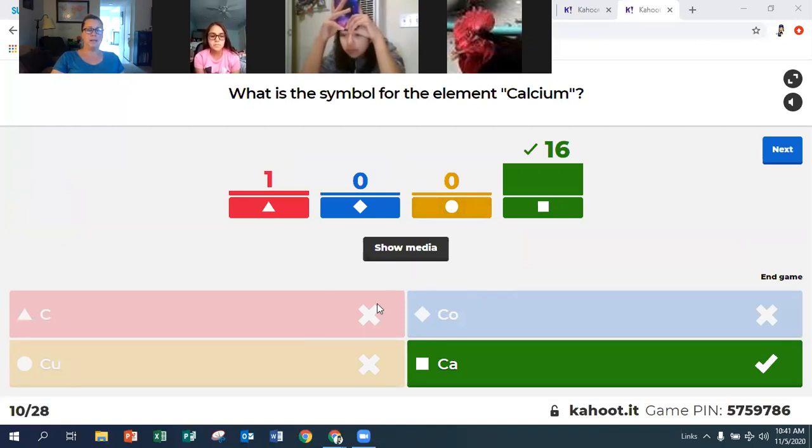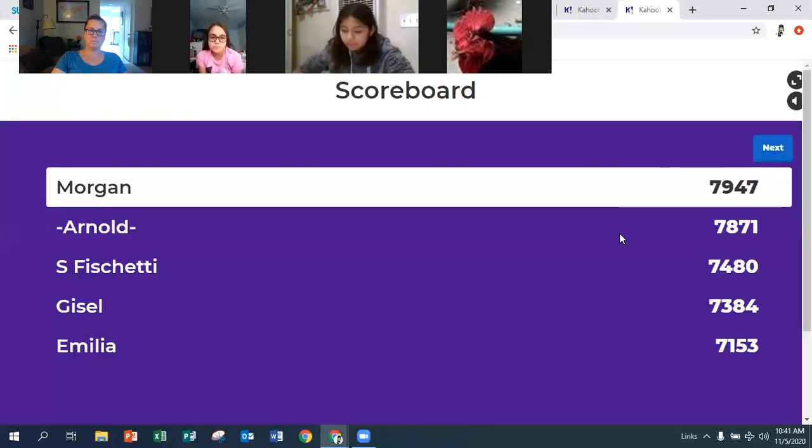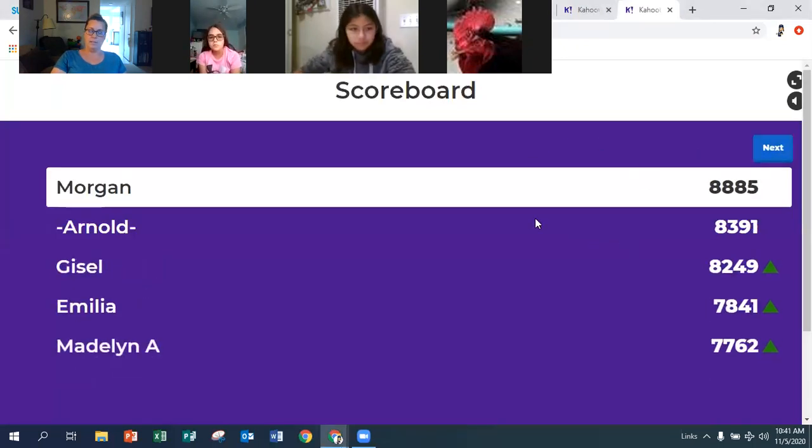All right, so C is carbon. We've gone over that a lot. C is found in all living organisms, right? Carbon is the most abundant. We have cobalt, Co, copper, Cu. We already did copper. Ca is calcium. Okay, a little bit of movement there.